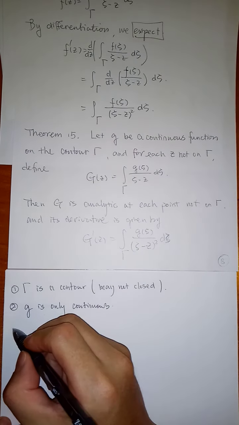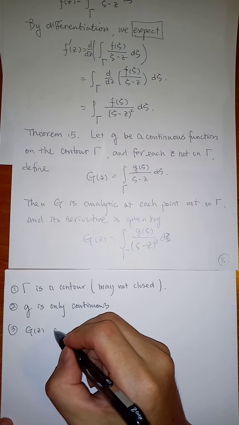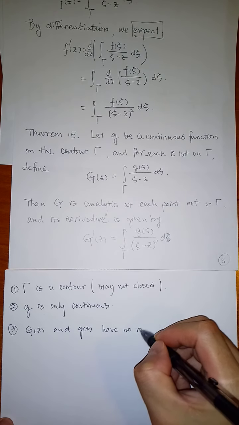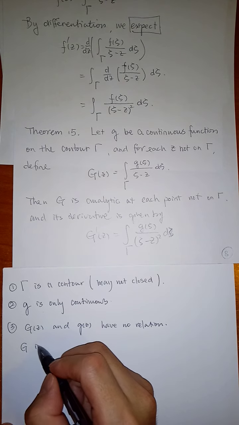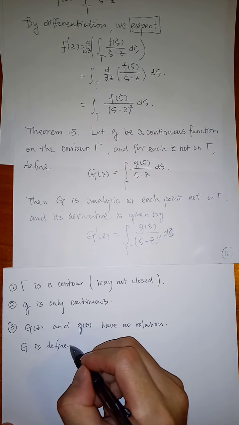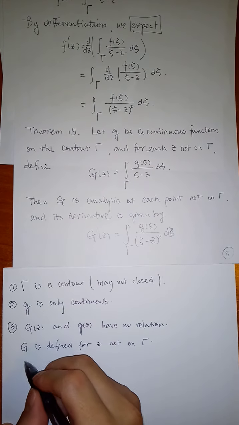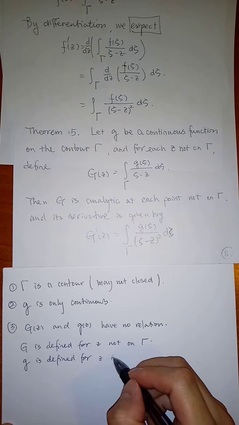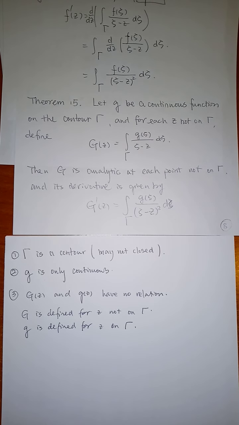And third, capital G of z and little g of z have no relation. Why? Capital G is defined for z not on gamma. Little g is defined for z on gamma. So they do not have the same value, even in the limit.